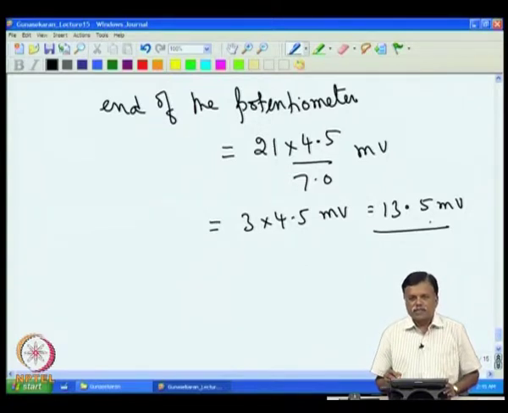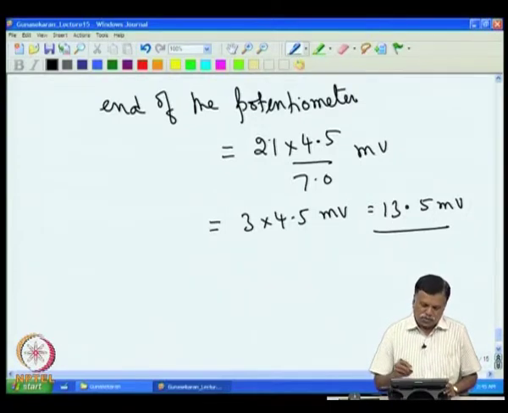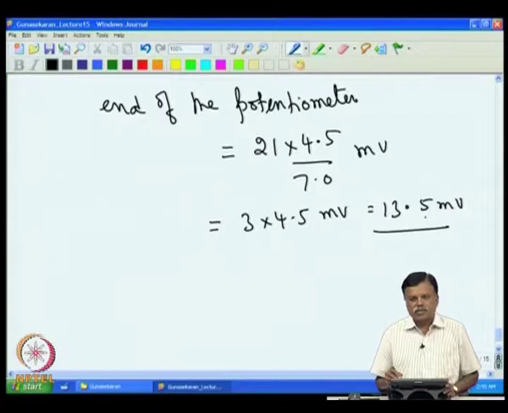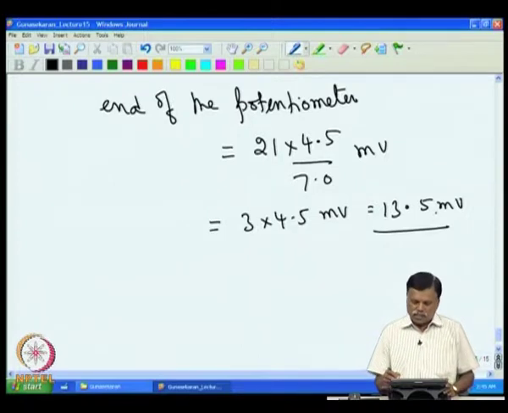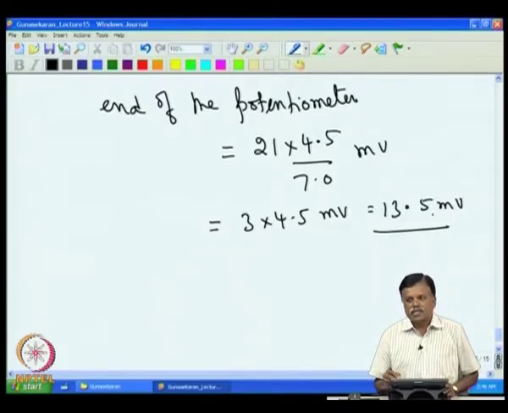So, that means if the temperature of the Zener changes by 100 degree C, then the regulated voltage changes by 21 millivolt, that makes the potentiometer top end change by 13.5 millivolt. Now, we have to calculate, because of the potentiometer top end changing by 13.5 millivolt, what is the expected current change in 20 milliampere?